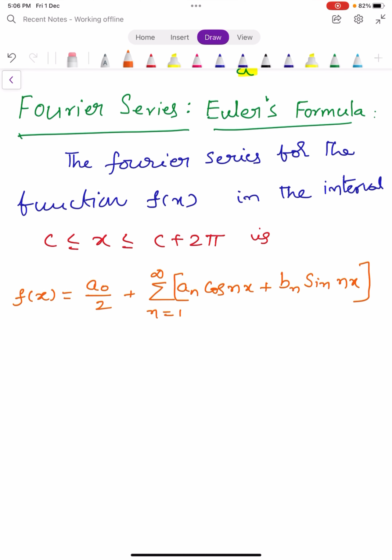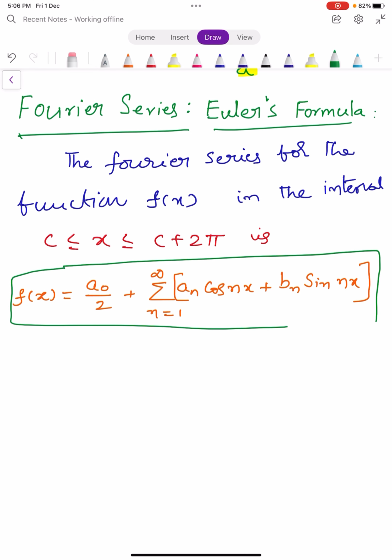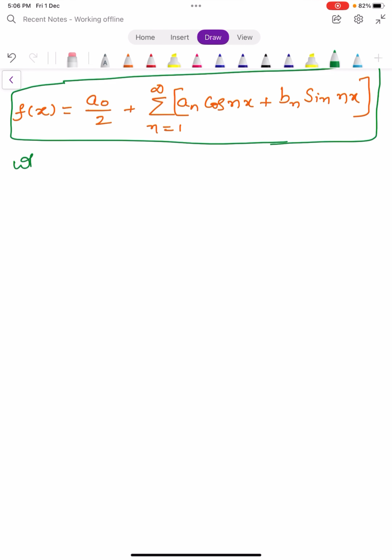f of x is equal to a naught by 2 plus summation n equals 1 to infinity of a n cos nx plus b n sin nx, where a naught is equal to 1 by pi integral c to c plus 2 pi f of x dx.